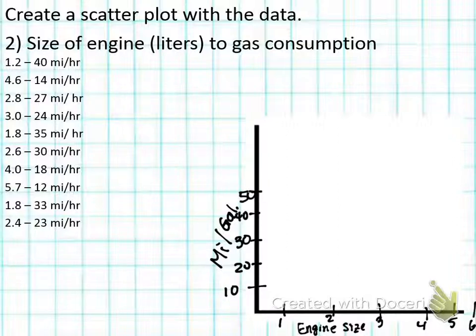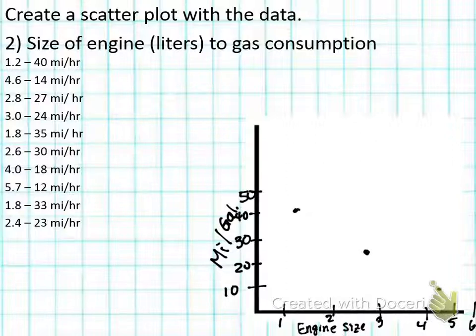Okay, so on this one, I'm noticing 1.2 liters gets 40 miles per gallon. So I'm going to go to 1.2, which is about here, and I'm going to go up to 40 and plot a point. Then the next one is 2.8 liters, 27 miles per gallon. Next one is 4.6. Sorry, I missed that one. 4.6 liters is 14 miles a gallon.